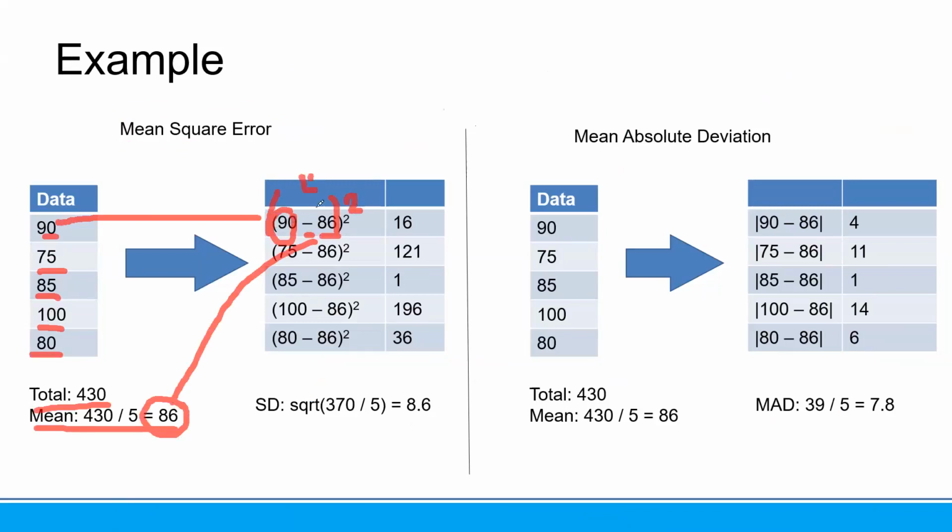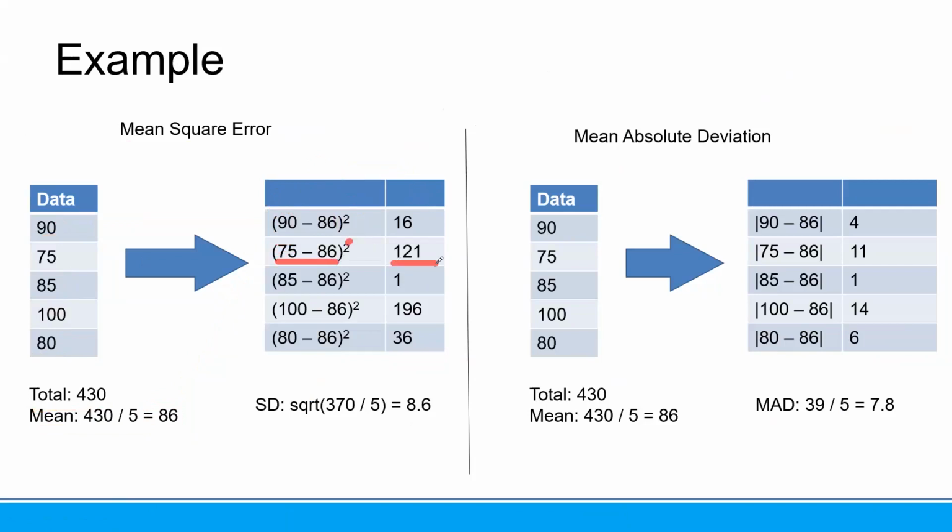So for the square, it is 16. And then the second data, I have 75 minus 86 and then square. The result is 121. I have all this data.